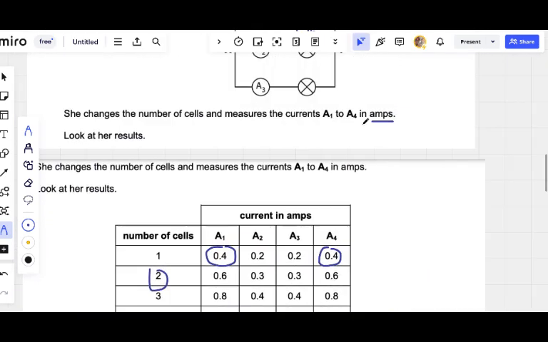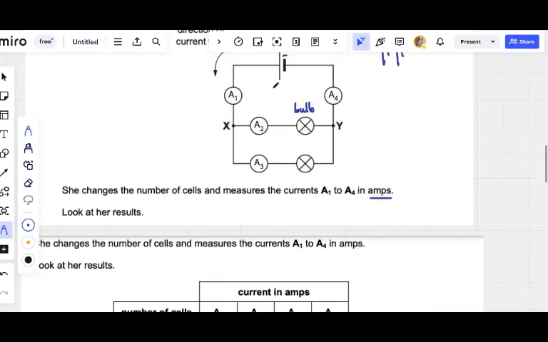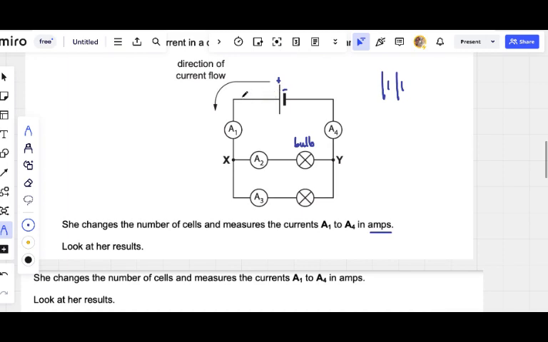So at this Y, because the current is a loop, it's flowing like this. You get to junction X, it breaks into two. Part of the current goes through here, the other part goes through this other branch, and then these two currents meet up here again, and then they continue their journey.